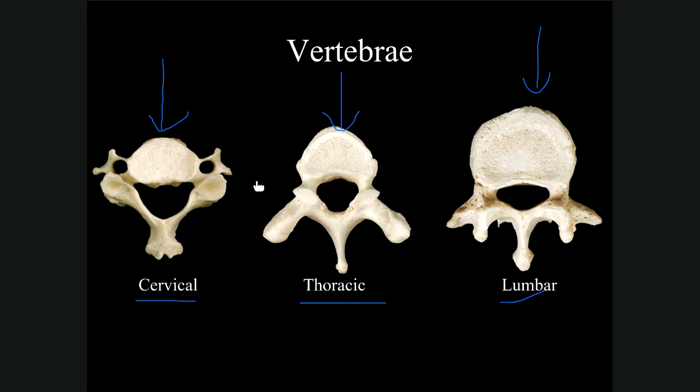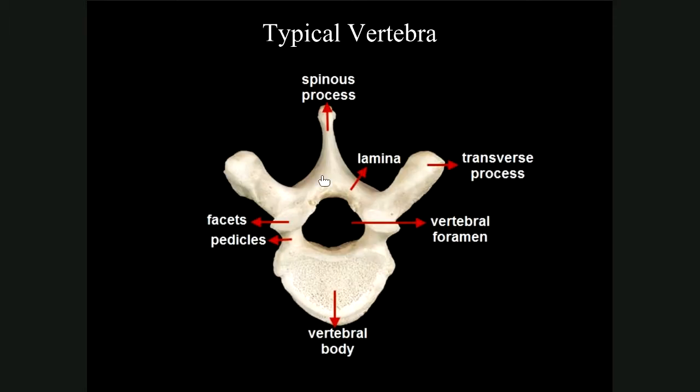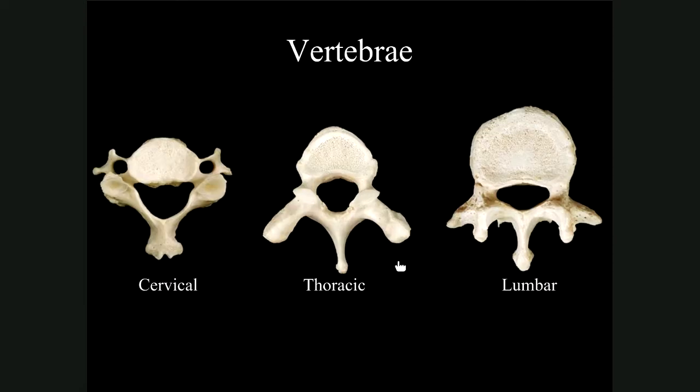So you want to know these differences because I've seen it asked on the test before. They'll put one of these vertebrae up, like here's an example, and they'll say, what region of the spine is this found in? Thoracic, right. It's the thoracic, this one right here.